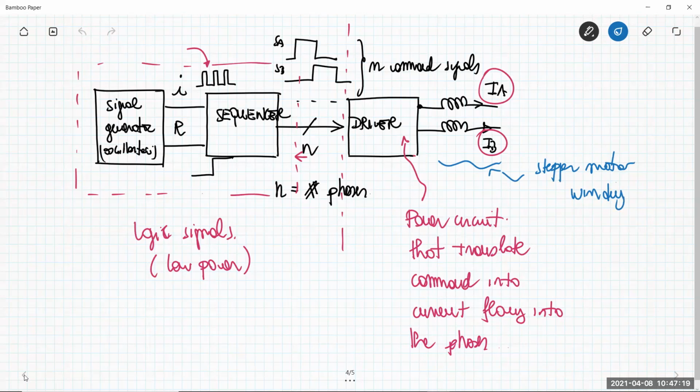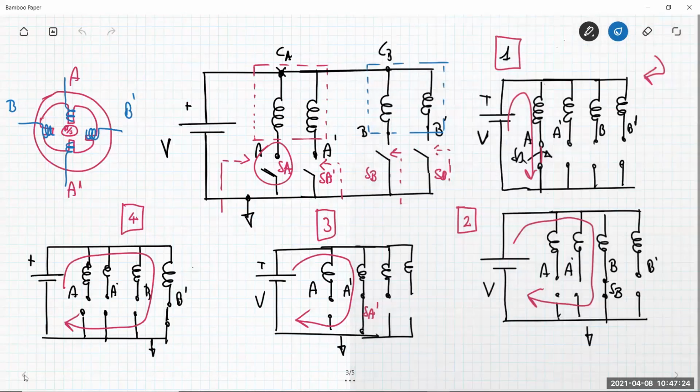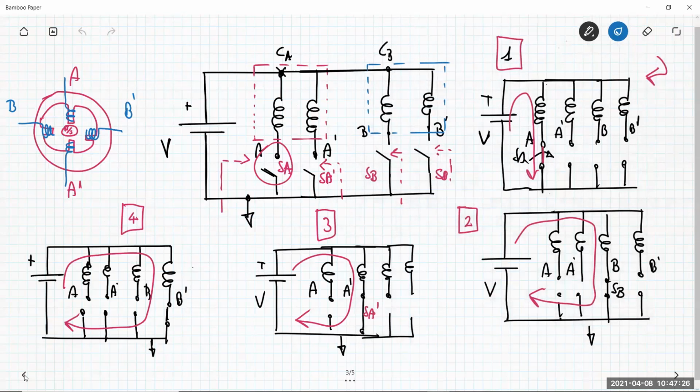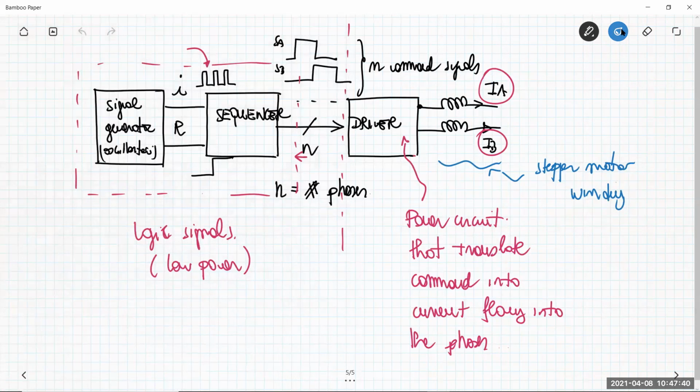Let's have a look at the behavior of the current flow into the phases. When the phases are excited, so when the corresponding switch is closed, a current flows to this phase. The behavior of this current is very important, and it is a characteristic that changes depending on the driver you are using. Different drivers lead to different behavior of the current flow into the phases with the same command signal at their inputs.